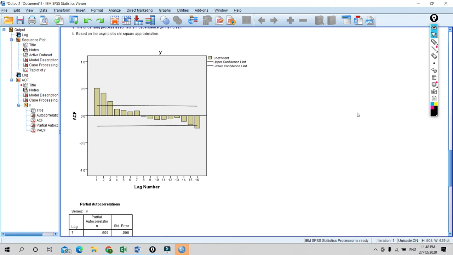Now, by looking at the ACF graph here, we can expect something here.